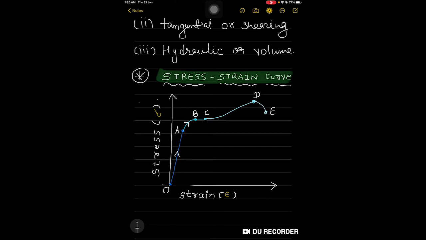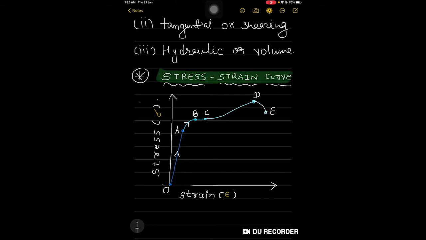Now if the load is increased further, the stress developed exceeds the yield strength and strain increases rapidly even for a small change in the stress. The portion of the curve between B and D shows this condition.